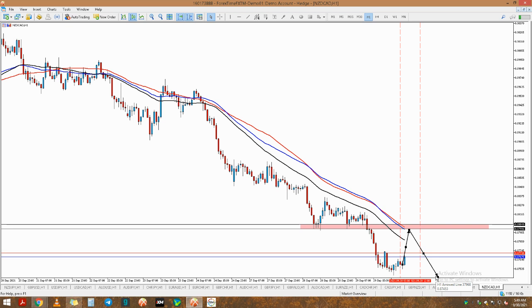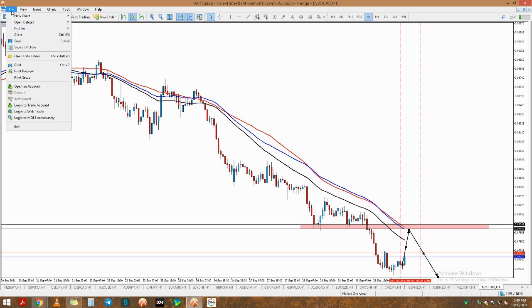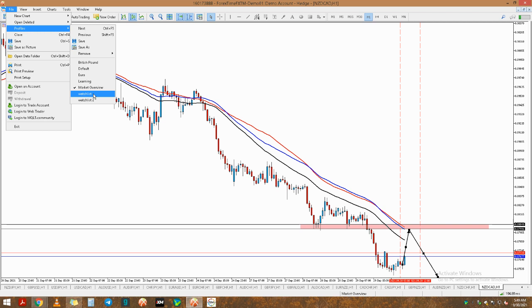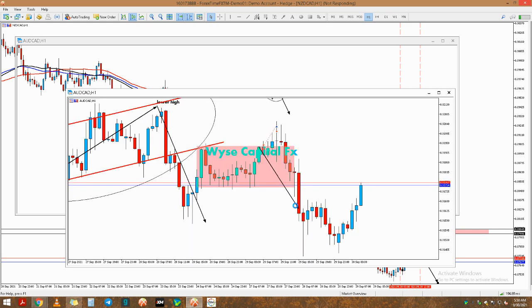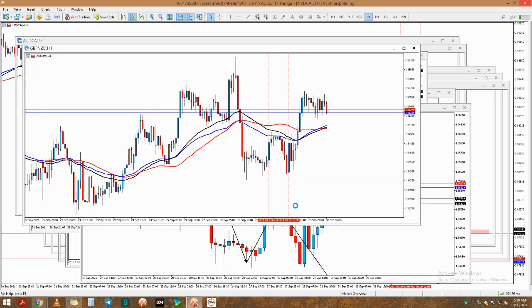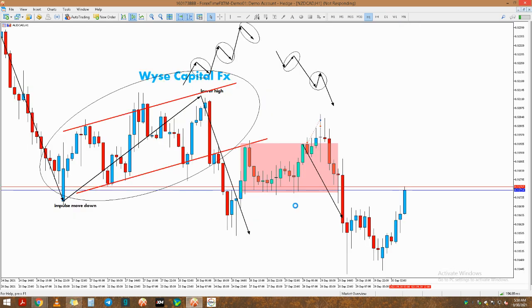trading opportunities. After that, we create a separate profile for all these pairs. You create an entire profile where you name it as a watch list. That is what you'll be focusing on throughout the day.